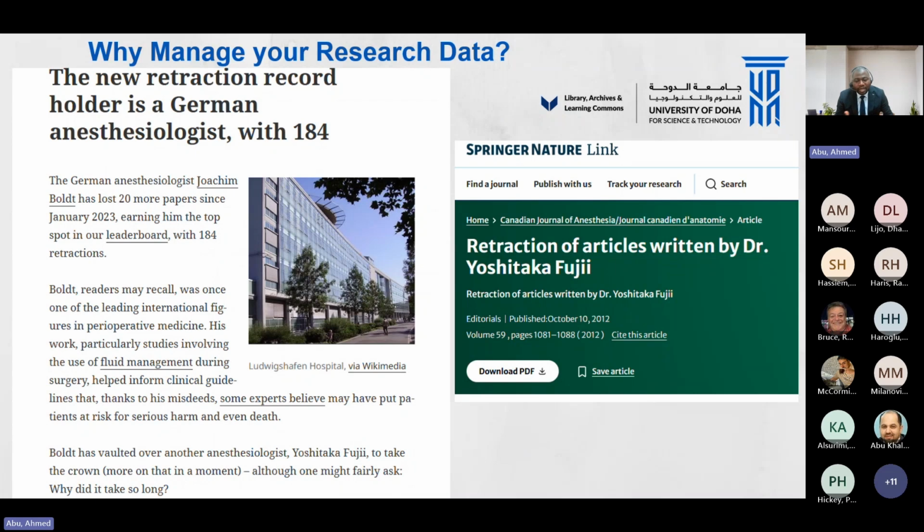But during the committee sitting, during the investigation, they realized that even where they had existing data, the data were not sufficient to draw conclusions from their findings. So for us not to fall into this kind of situation, it's very important for us to manage our data properly so that we'll be able to account for it.